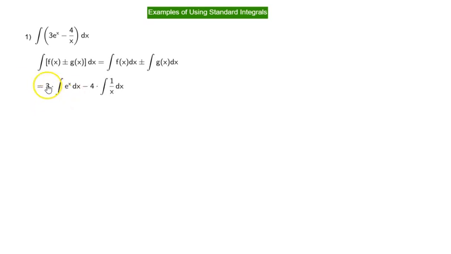So we have 3 times, 3 we have taken out because it's a constant, times the integral of e to the power of x dx. Minus 4 is a constant, so we take it out. So 4 times the integral of 1 by x dx. And we have seen these as standard integrals, the integral of e to the power of x and of 1 by x.